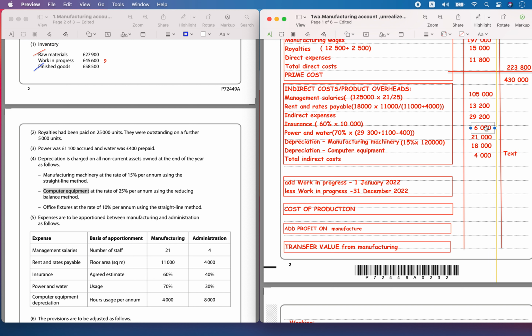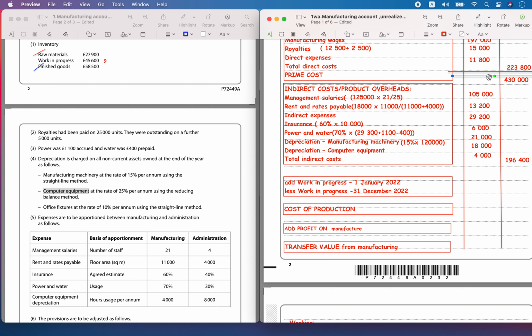So let's add up all this cost. 105,000 plus 13,200, 29,200 plus 6,000, 21,000, 18,000 plus 4,000. So that value is equal to 196,400.